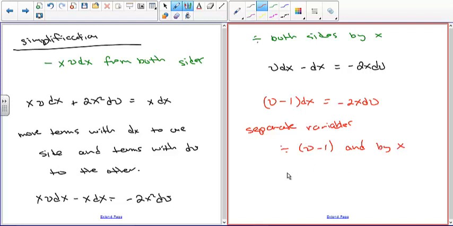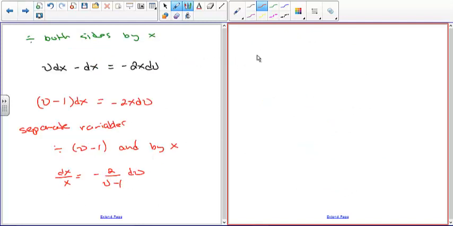So that leaves me with dx divided by x is equal to negative 2 divided by nu minus 1 d nu. So this goes down there. This goes down there. What I'm going to do is take this negative sign and flip it around here. So I'll have dx over x is equal to 2 divided by 1 minus nu instead of negative nu minus 1.